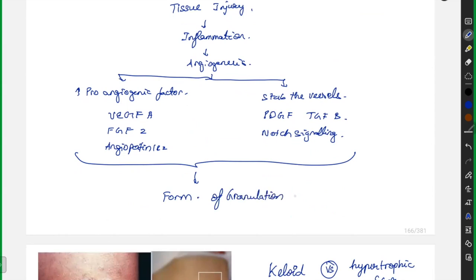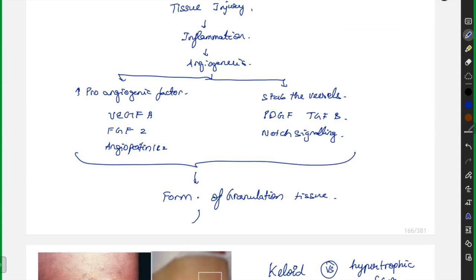Remember, granuloma is different. Granulation tissue is formed by proliferation of fibroblasts and thin-walled delicate capillaries, and inflammatory cells, mainly macrophages. You also have connective tissue deposition, like platelet-derived growth factor and TGF beta, etc. That causes remodeling of connective tissue.